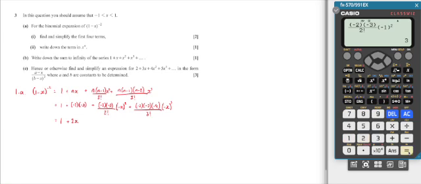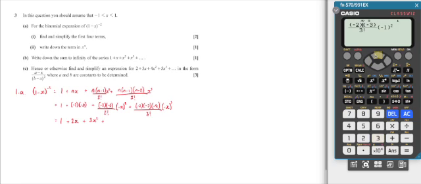So that gives me plus 3x squared. And then I've got plus, I want to do the next one, so you can probably guess already what it's going to be, but we'll just double check.